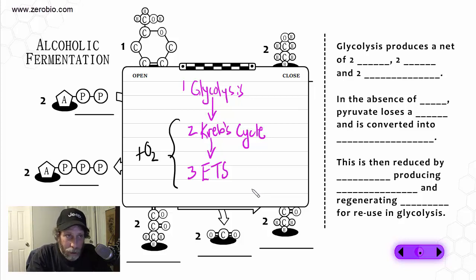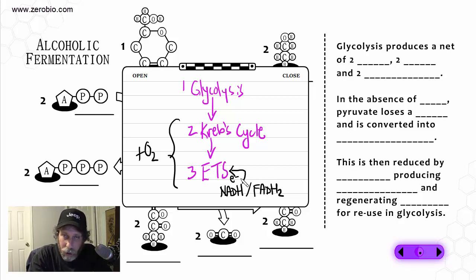The reason that we need oxygen is, as you may know, oxygen is the final electron acceptor in the electron transport system. It allows the electron carriers, NADH and FADH2, that have been produced in glycolysis and in Krebs cycle, to drop off electrons at the ETS, and that's its role, to transport those electrons.